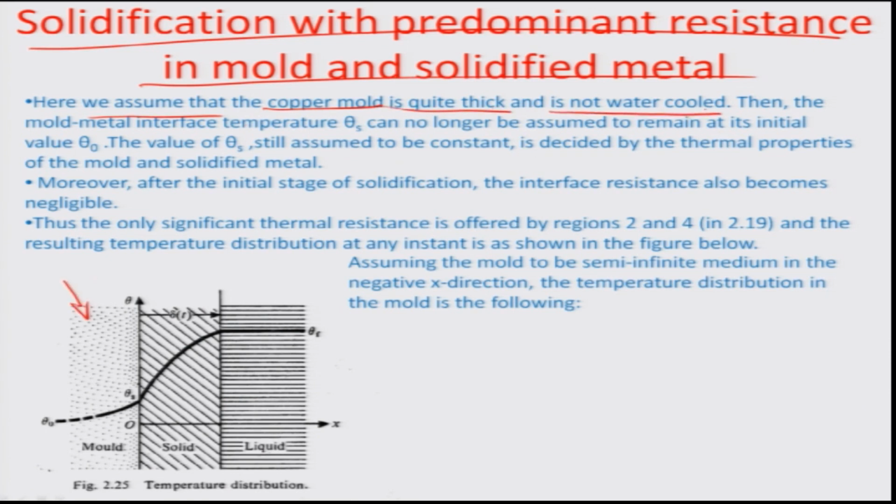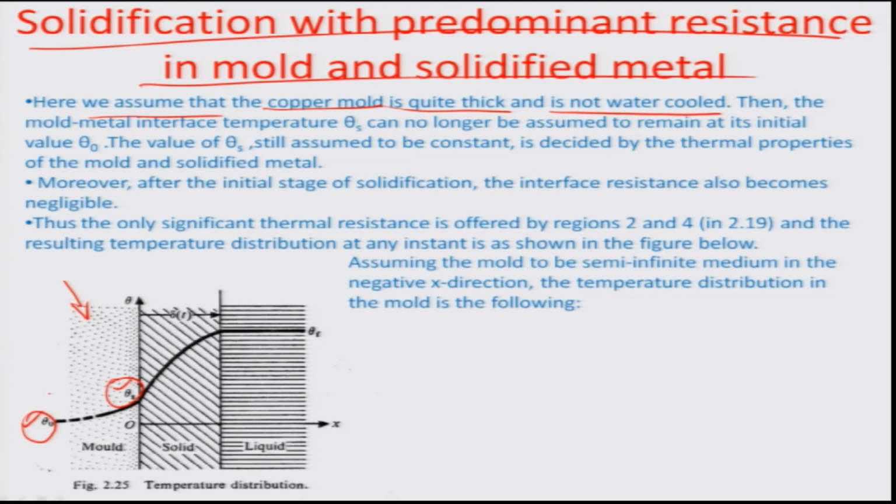Therefore, there is going to be a gradient of temperature from the mold surface all the way to the outer surface of the mold, and let us consider these temperatures to be theta s and theta 0. This is the only difference in this case vis-a-vis the case of a thin mold with water cooling, where the constant casting surface temperature was established.